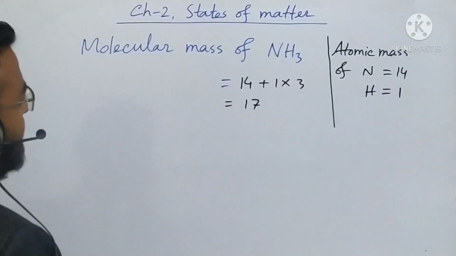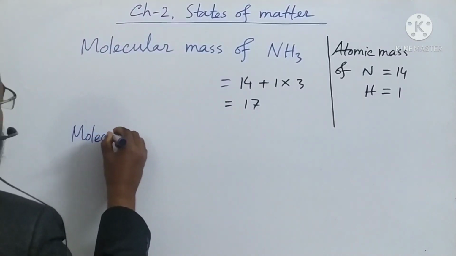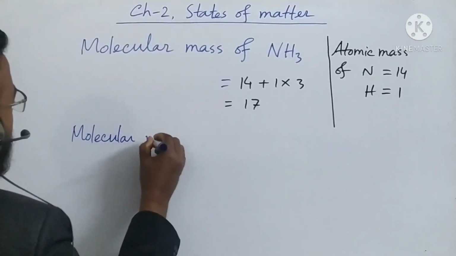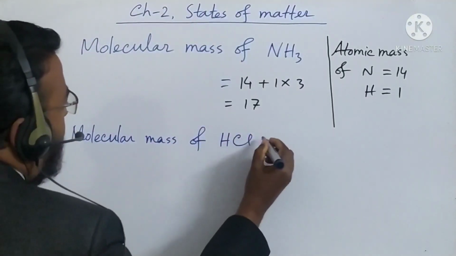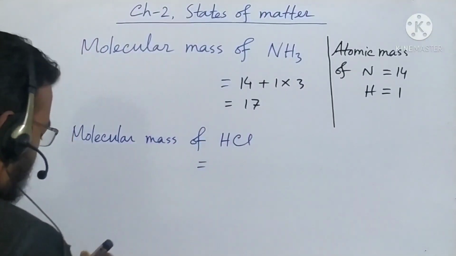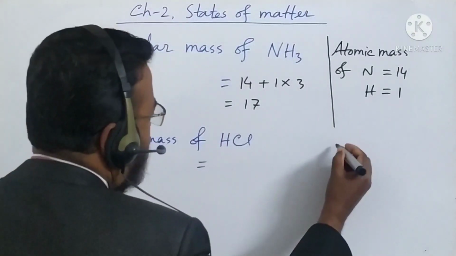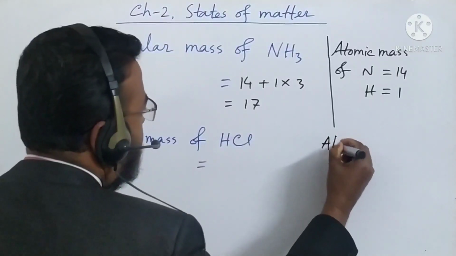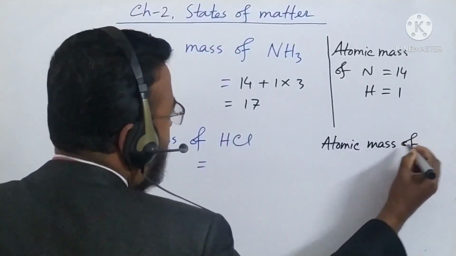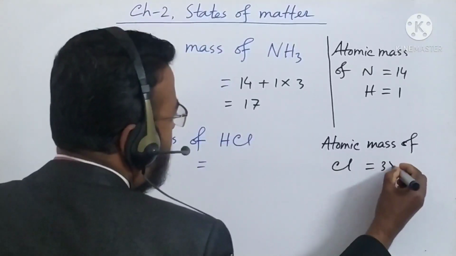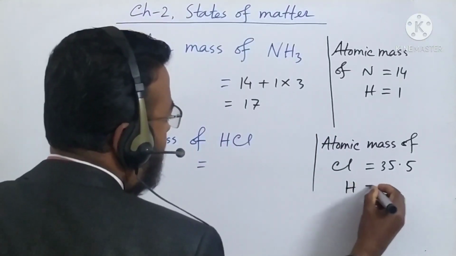Okay, now molecular mass of hydrogen chloride gas. Here also atomic mass of hydrogen is 1, atomic mass of chlorine equals 35.5.